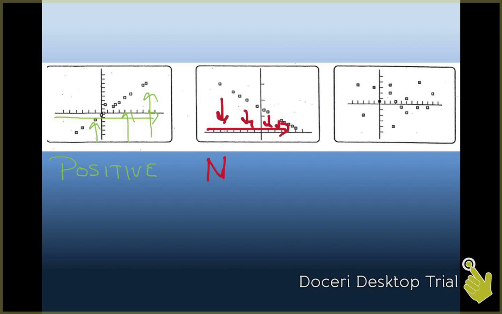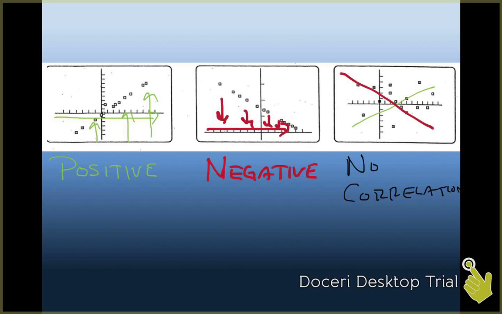This is a negative. And this last one over here, it's not really going up. It's not really going down. They're not really in a straight line at all. This is actually what we call no correlation, because they're not related at all. You can't tell which direction they're going.